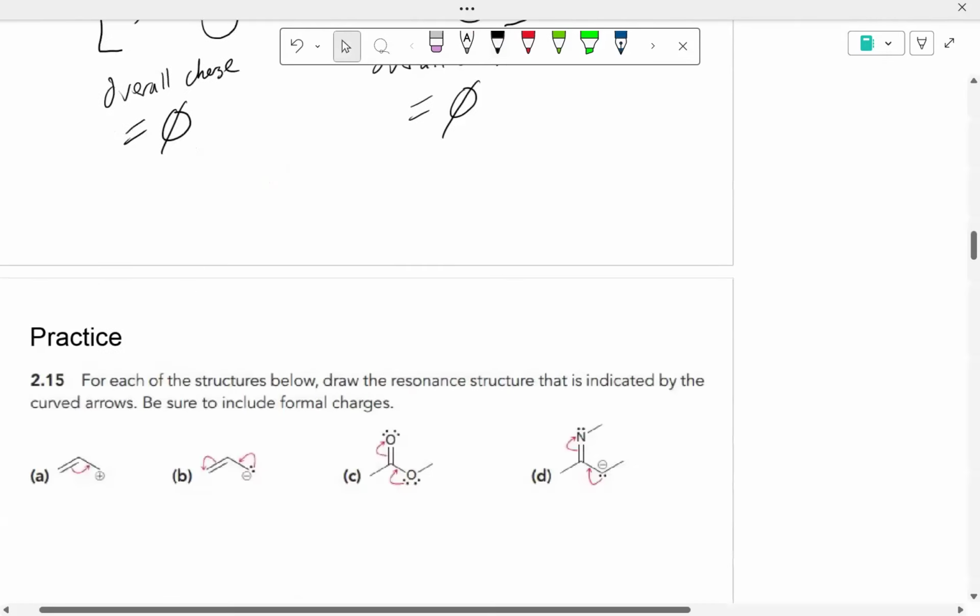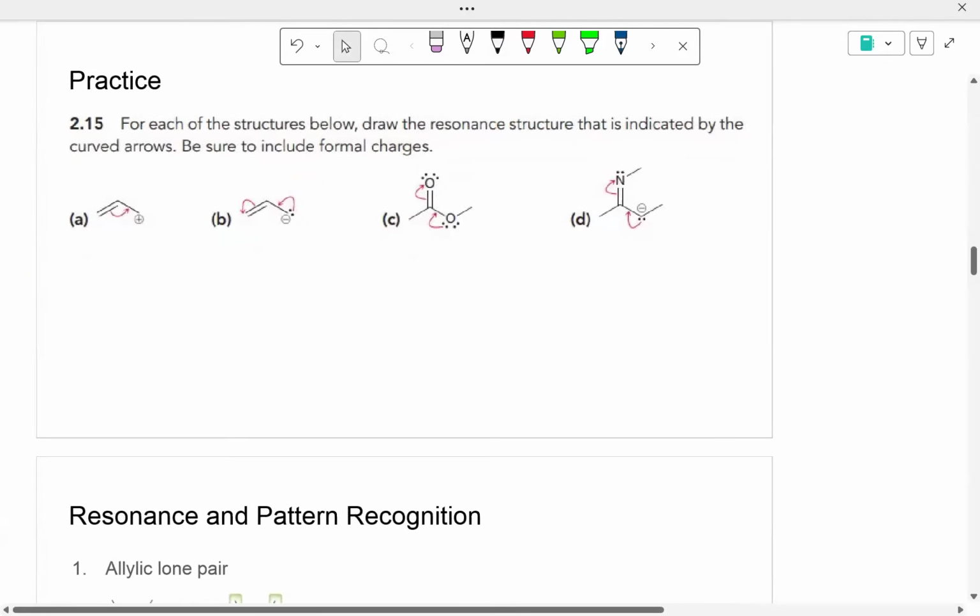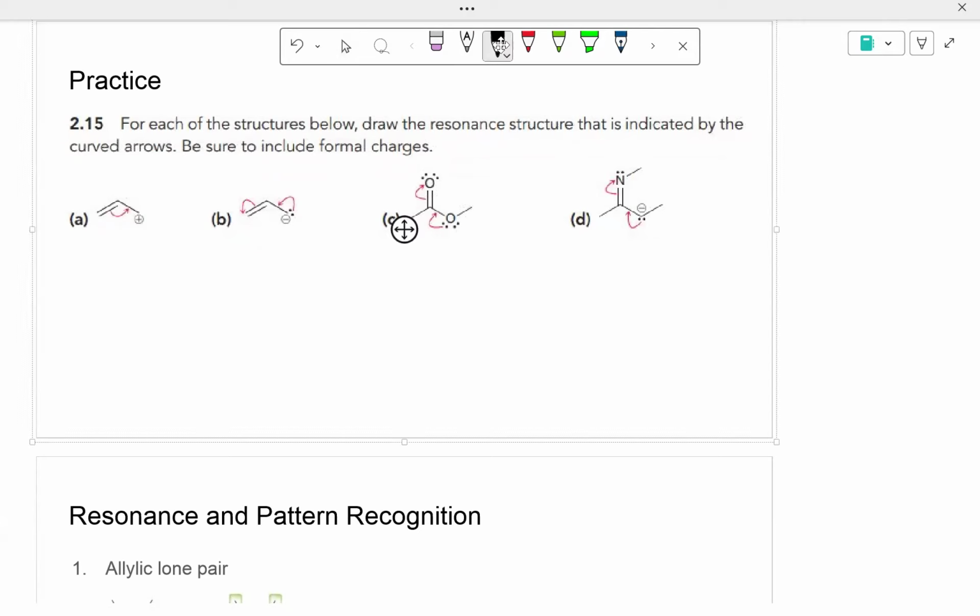So let's do some practice with this. In each of these, they're kind of telling you what the electron movement is. And so in A, we're moving these electrons there towards that sp2 hybridized atom.